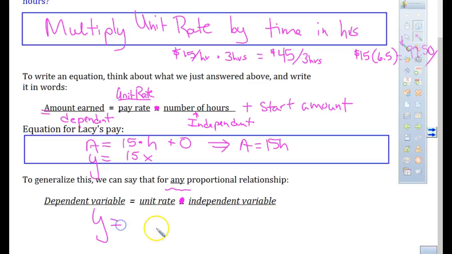Y equals the unit rate times X. That's what our proportional relationships are going to look like. Give me a thumbs up once you have that written down.